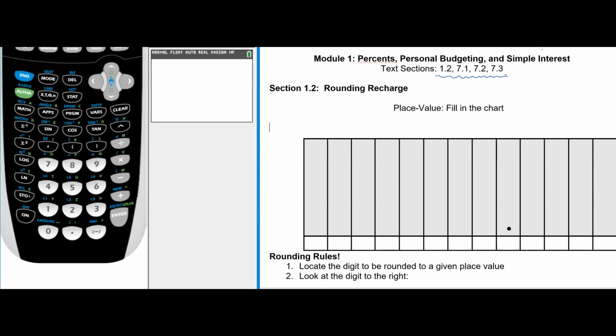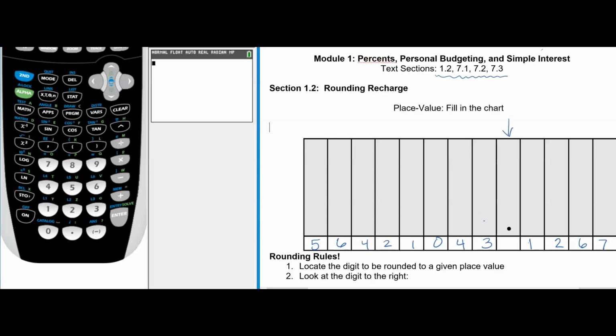And I'm going to start by just making up a number. So I'm going to fill in this chart here. And I'm just going to make up some digits, and then we're going to talk about what this number is and then what each of these place values are. Okay, so I'm going to start with just identifying where is the decimal. It's right here.